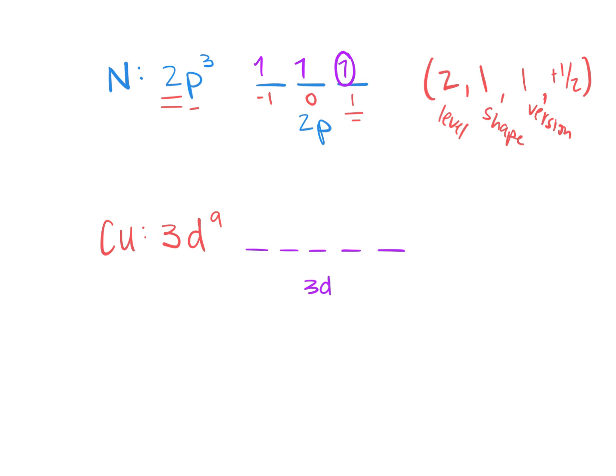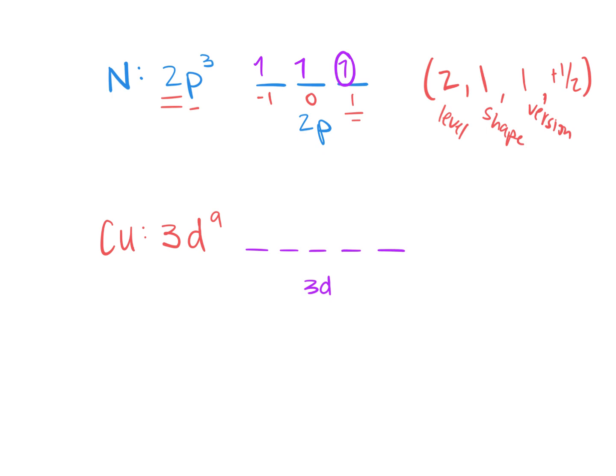And each orbital can only hold 2 electrons. So 10 divided by 2 tells me I need 5 versions of that. Yeah, Noah? Say it again. So that's just a standard rule: any orbital can only hold 2 electrons. That's why we only draw a maximum of 2 electrons per line, right? So any orbital can only hold 2 electrons.